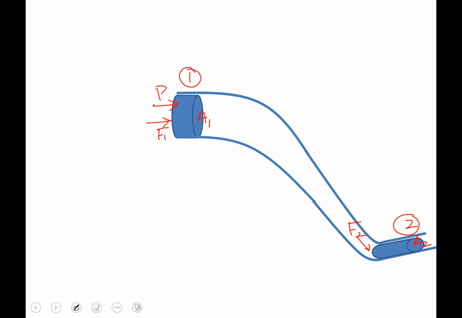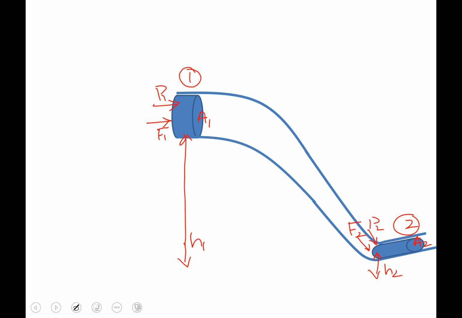Let's call the pressure at the top point P1, and the pressure at point 2, P2. We can also see there's a difference in height. Let's call the height of the first end H1, and the height of the second end H2.